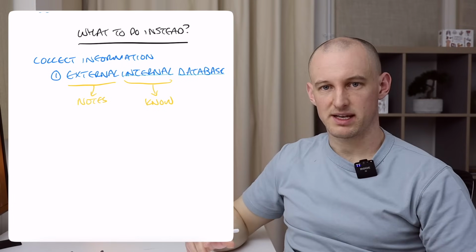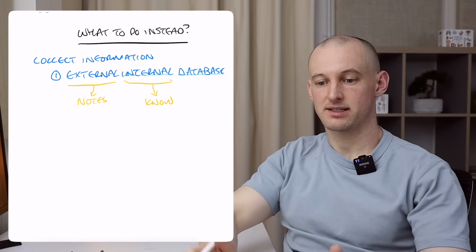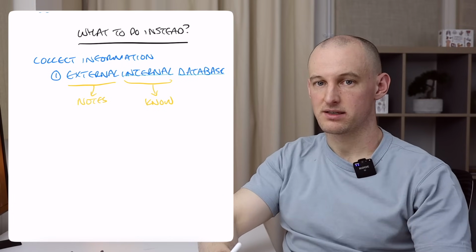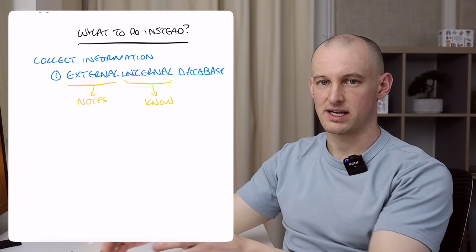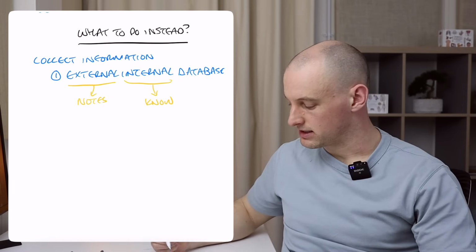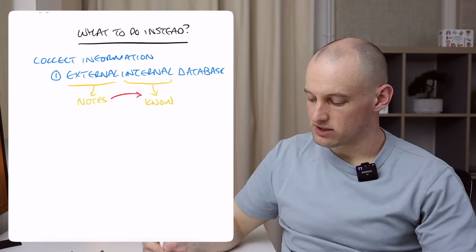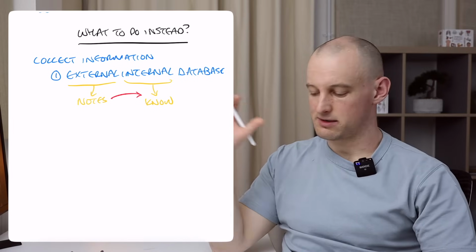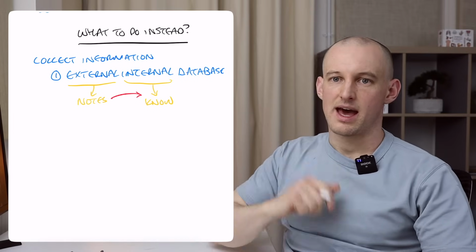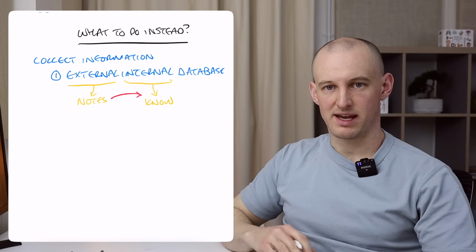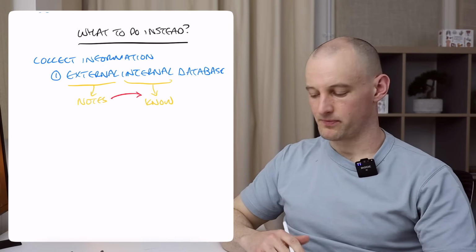So the external database is where you put stuff externally so that you can learn from it. And the internal database is what you have in your mind. And your goal is to transfer things from the external database to the internal database. And you want to create an external database as quickly and rapidly as possible.